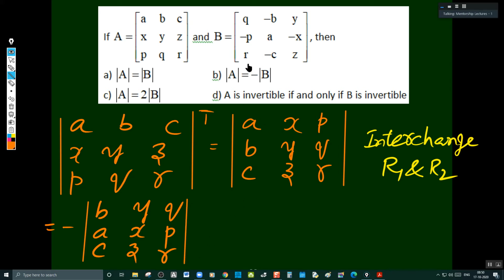Now, if you say this again, PQR comes to the first, QPR comes to the first column. Now, interchange C1 and C2 again.